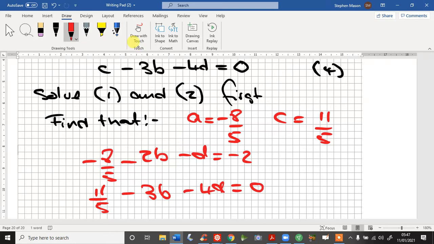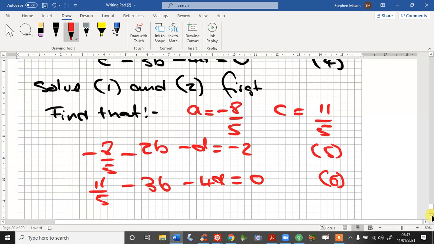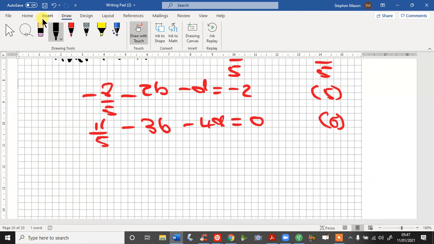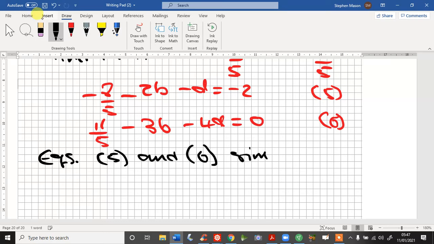We'll call that equation 5 and that equation 6. Equations 5 and 6 simplify to 2b minus d equals, what have I got here?